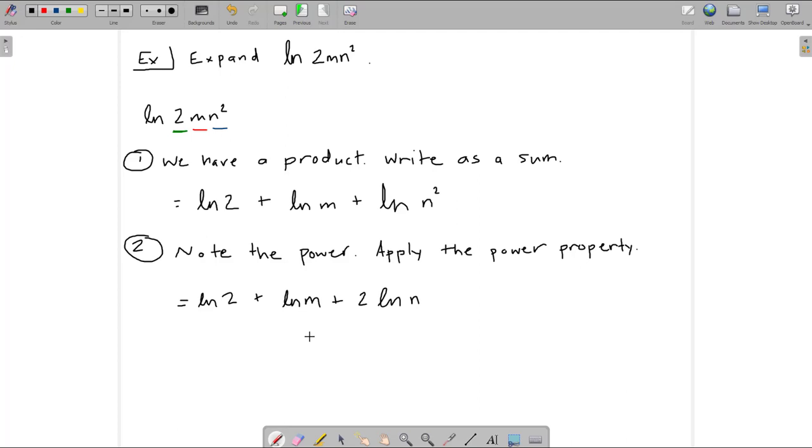And that is the farthest that we can expand this. That would be your answer for expanding the expression.